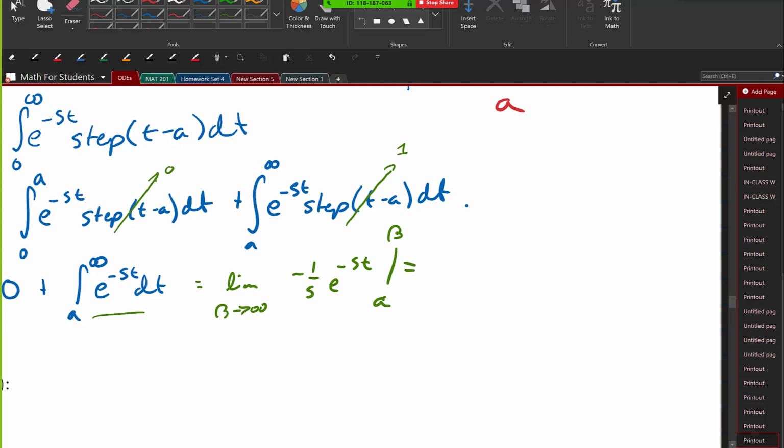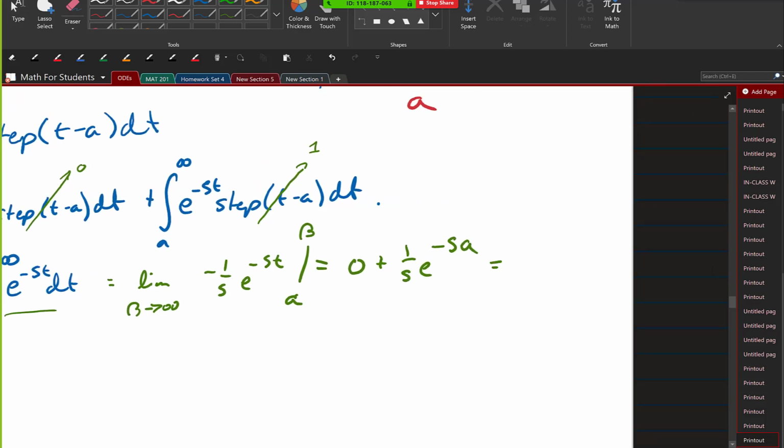Good catch. And so we end up with minus 1 over s. Well, so the first term goes to 0, and we get plus 1 over s e to the minus sa. Or put another way, we get 1 over s e to the minus as. And that's the Laplace transform of our step function.